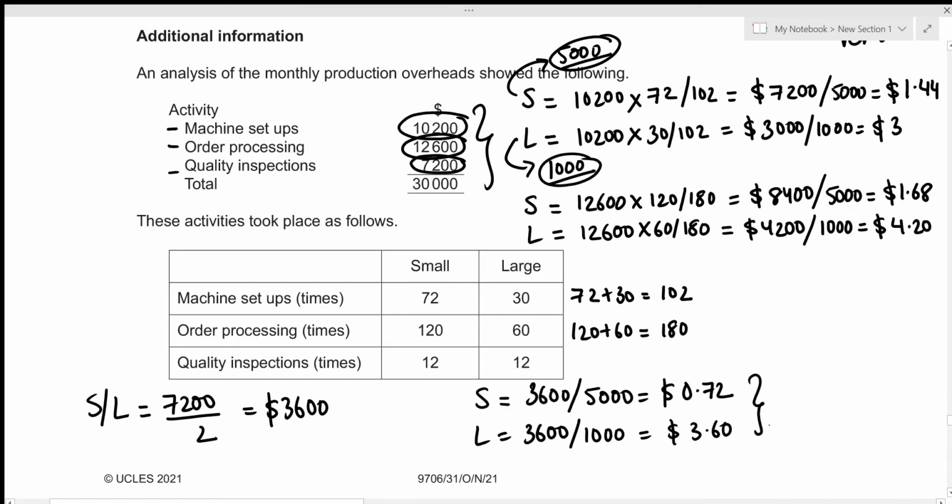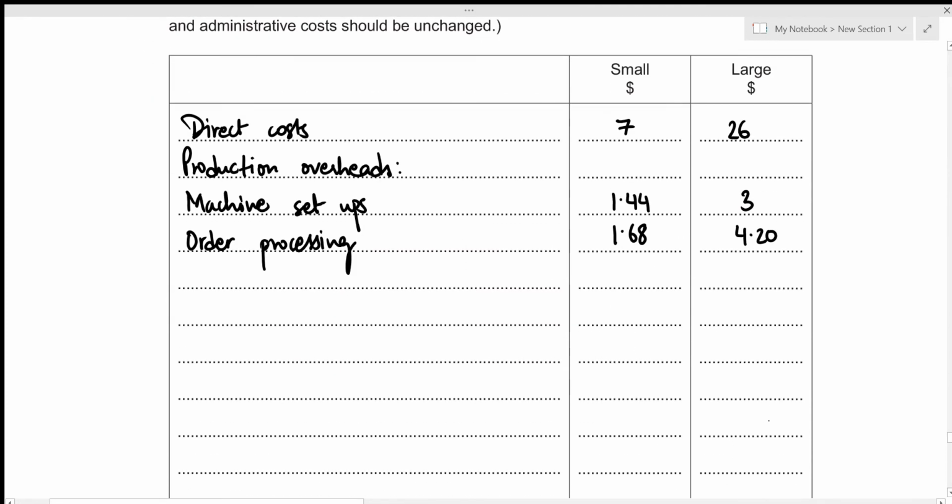Now we will record these two amounts in our statement under the heading of quality inspections. Let's do that. Quality inspections, and it is 0.72 for small and 3.60 for large.